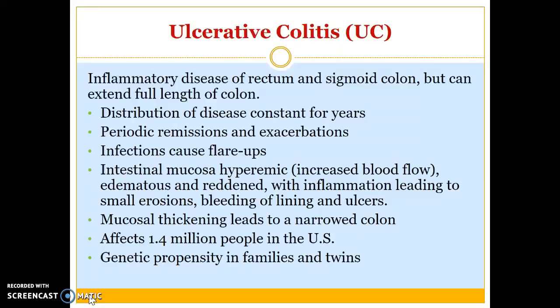It gets edematous and reddened, and often has small erosions, bleeding of the lining, and ulcers, which can cause anemia in this type of patient. As we talked about with GI bleeding, this is going to be in the lower part of the gut, so you're more likely to see bright red bleeding with ulcerative colitis than with some of the other diseases we've talked about.